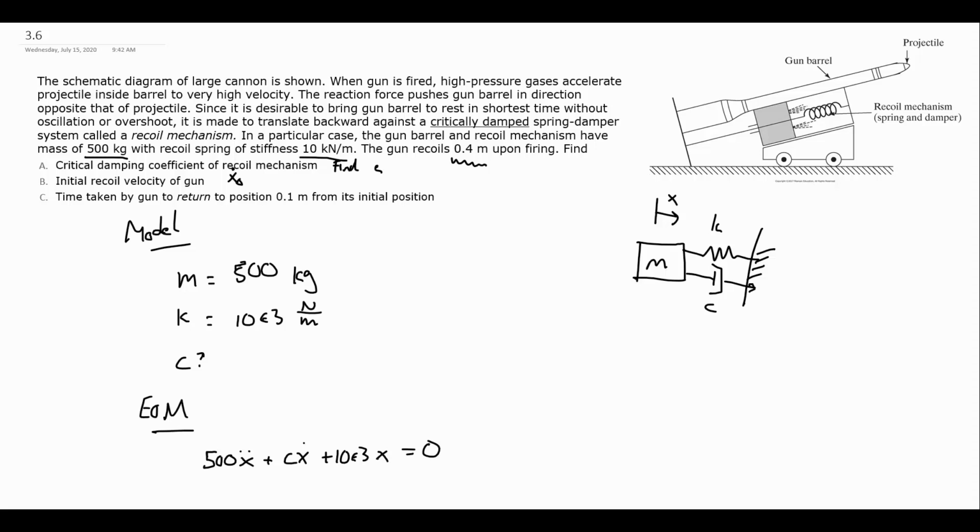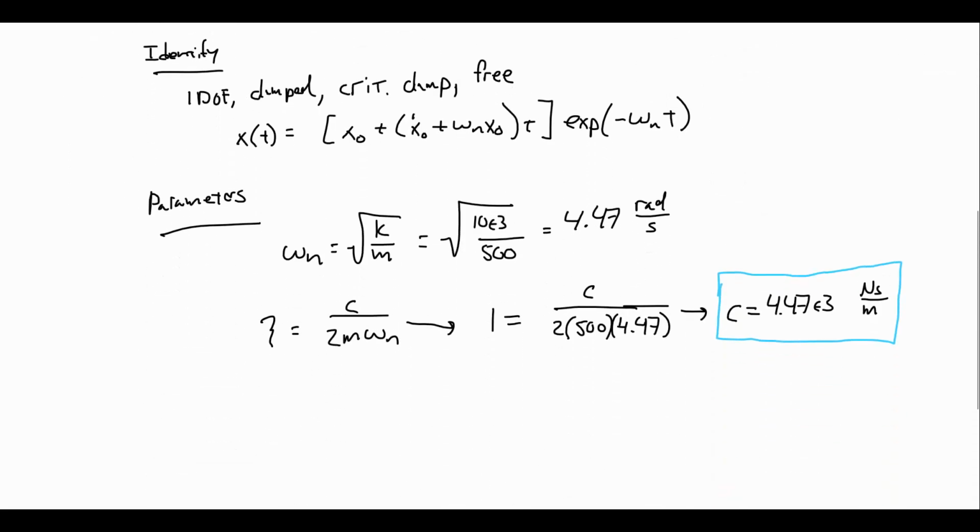We know the M, we put in this C, we put in this spring with a K in it, we fired it, and we see that it travels a maximum of 0.4 meters. So we want to know what was its initial velocity. All right, so here we can use some of our parameters we just discovered here. Now we can fill in and discover some of our initial conditions.